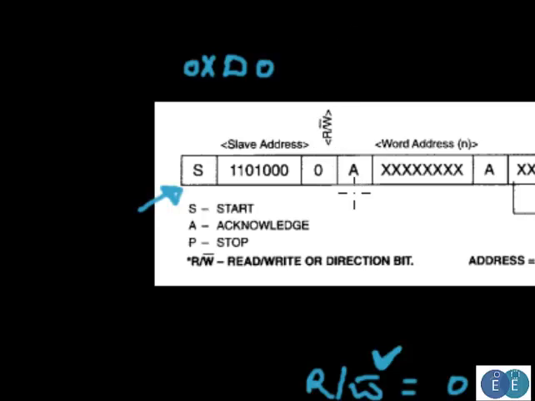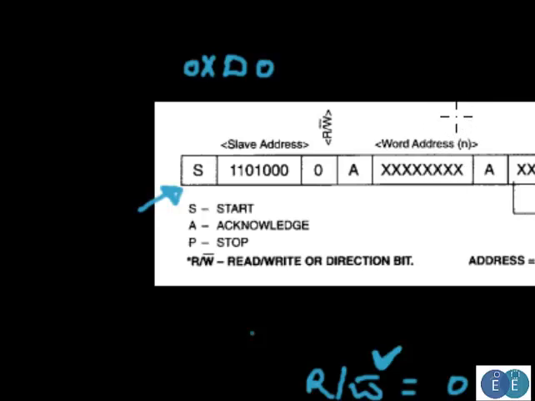This is followed by an acknowledgement. The DS1307 sends an acknowledgement that it has received the correct address. Then it is followed by the address of the control register, or the address of the minutes, seconds or hours which we discussed.